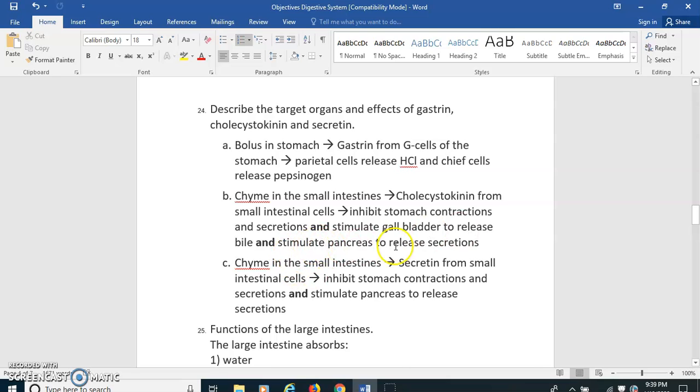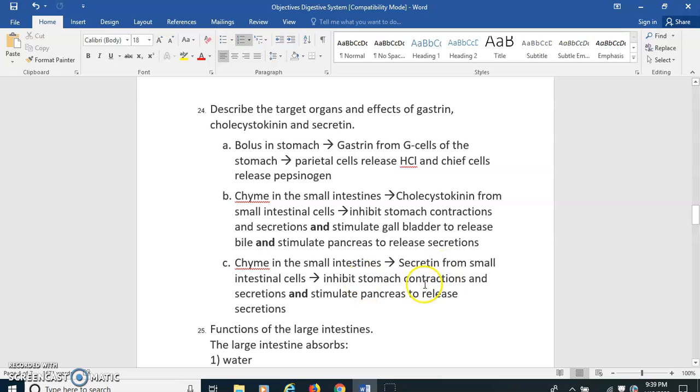And then it also stimulates the pancreas to release its secretions, which again makes sense because we want to get those secretions, both the bile and the pancreatic secretions, down there in the duodenum to start having their effect on the chyme. And the chyme in the small intestines, receptors would also detect that and release secretin, the other hormone.